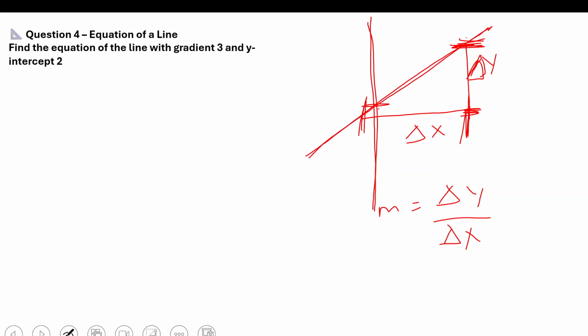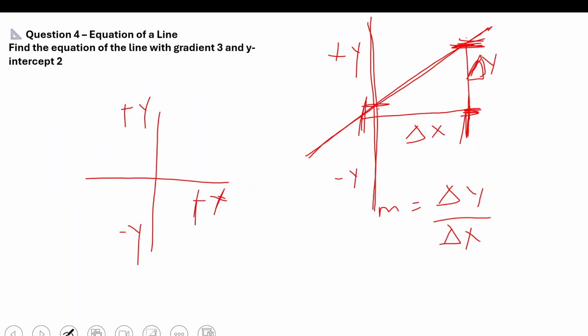The 2 is positive. You have the positive side of the y and the negative side of the y. If I draw my Cartesian plane like this, this is the y, this is the x, where here is the positive side and here is the negative side. So the line in question is cutting at the positive. Let's say this place is 2. So where we have 2 here, this is the intercept, right?